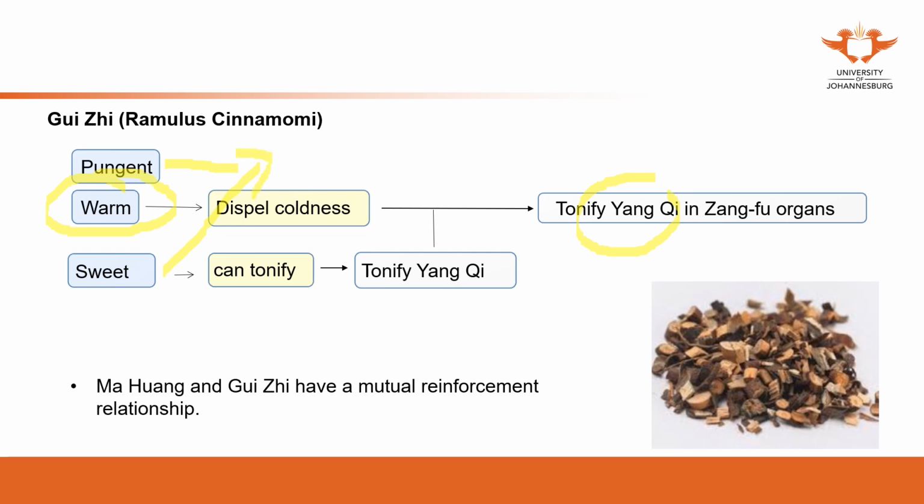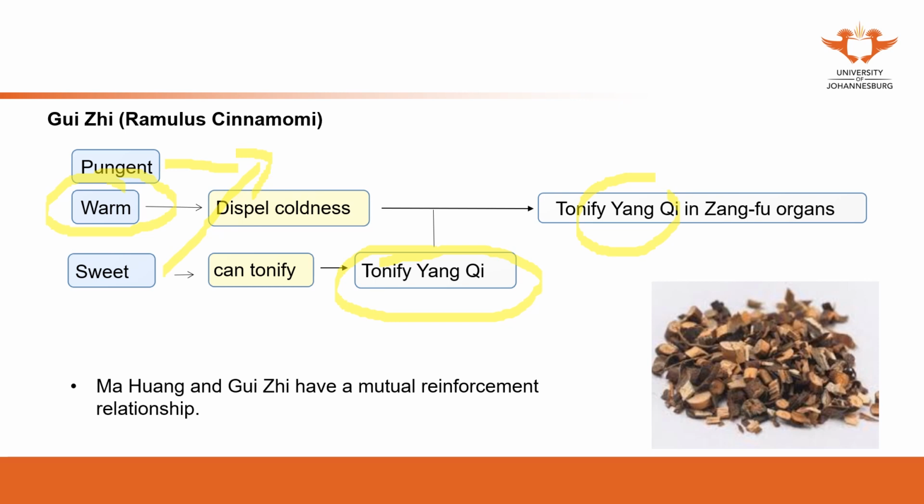So that's the formula we use. Sweet, pungent, can generate yang qi. That's how you can tonify yang qi. Sour, sweet, can generate yin. So that's the principle that we have introduced previously.